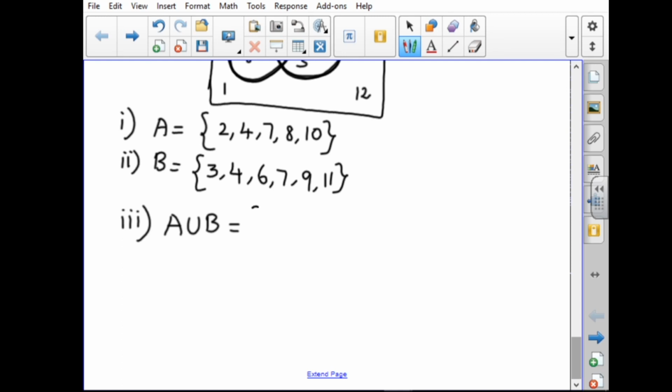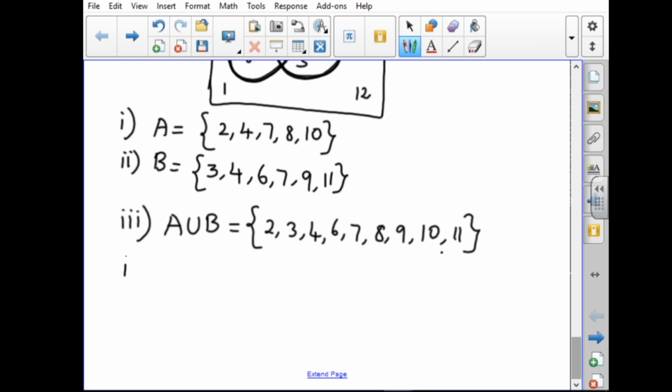If any common element is there, you write it only one time. So we get 2, 3, 4, 6, 7, 8, 9, 10 and 11.